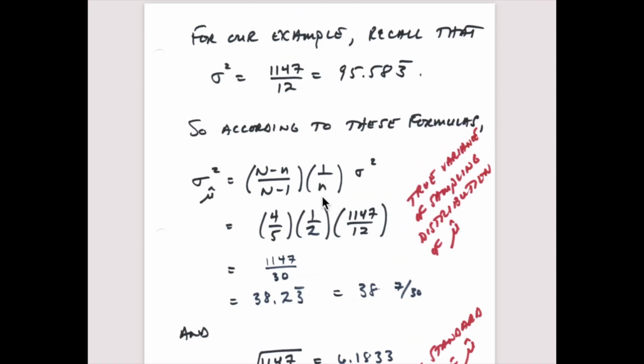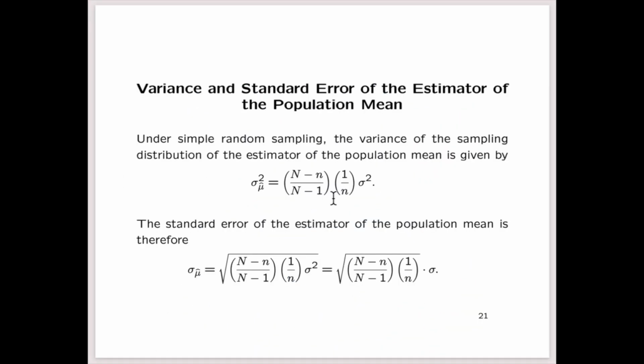Now the problem with all of this, let me go back to the previous slide. Again, this is the true variance of the sampling distribution of mu hat. This is the true standard error of mu hat. But the problem is that we can't compute that. We cannot compute the true value because we don't know sigma squared. In general, in a real problem, we won't know the population variance.